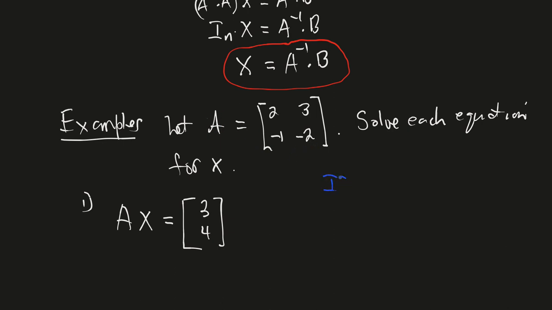So the formula is this: if AD minus BC is not equal to 0, my 2 by 2 matrix A, B, C, D will always be invertible, right? So it is invertible.